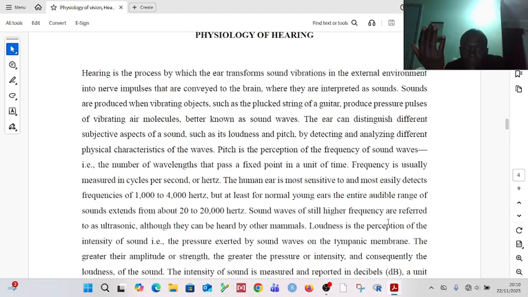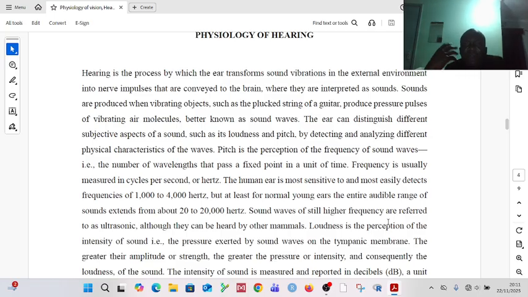It does that distinguishing by detecting and analyzing the different physical characteristics of the waves. So your ear receives that vibration, that sound, then it is able to distinguish. You say, oh, that is too loud. Okay? Because your ear has distinguished that particular characteristic.